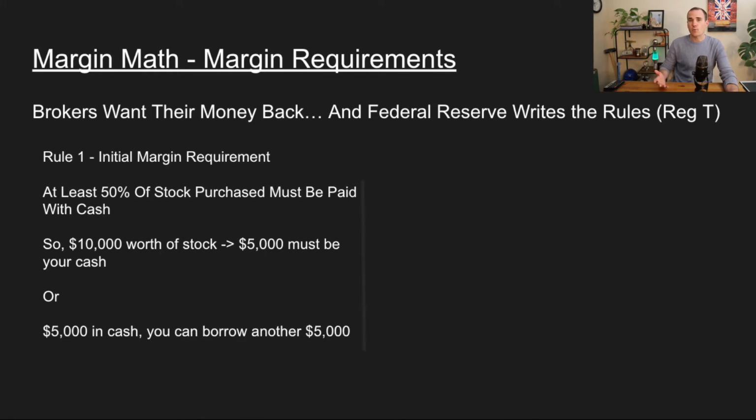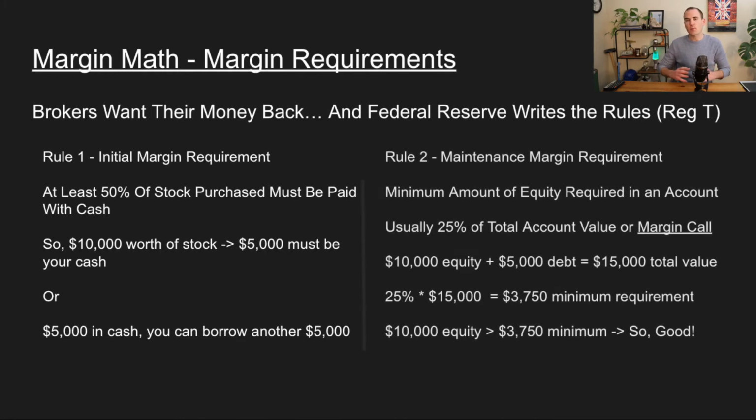And that's an important rule, but the most important one when it comes to using a margin account is this maintenance margin requirement. And this can lead to the dreaded margin call that you've probably heard about. And it's a minimum amount of equity that must be in the account to stay compliant.